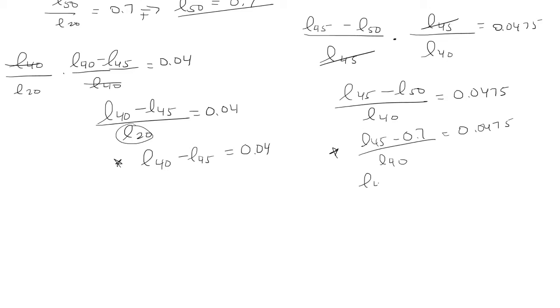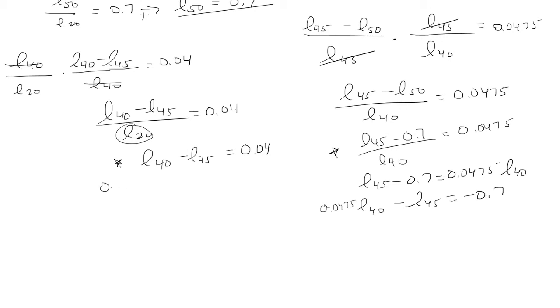Okay, in this one I'm going to multiply both sides by L40, and then bring the L45 over. So that'll be 0.0475 L40 minus L45 equals negative 0.07.